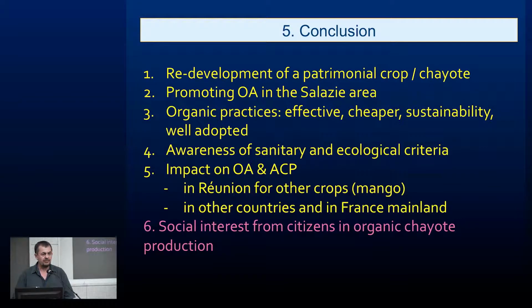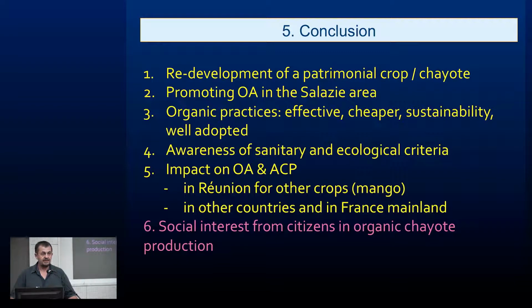and the promotion of organic agriculture in this area. It means not only on shallot but also on other crops such as citrus, vegetables, and so on. We saw and could demonstrate with farmers that organic practices could be effective, cheaper, sustainable, and could be very well adopted by farmers.